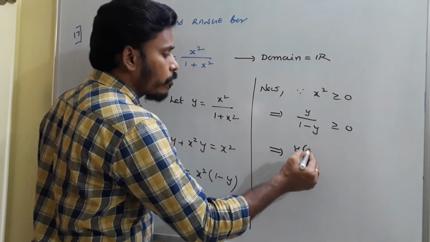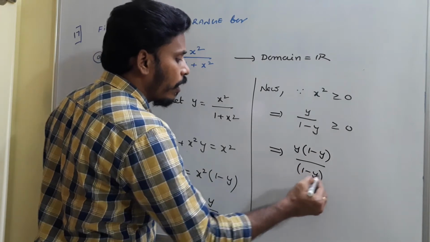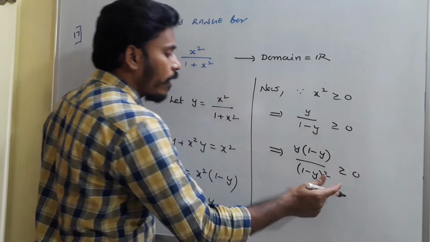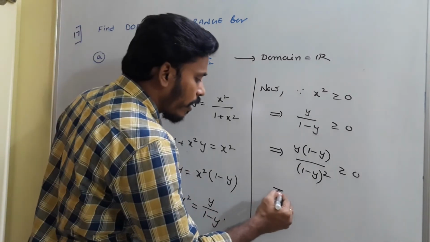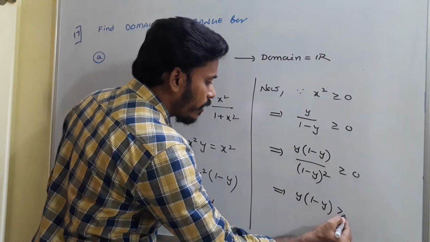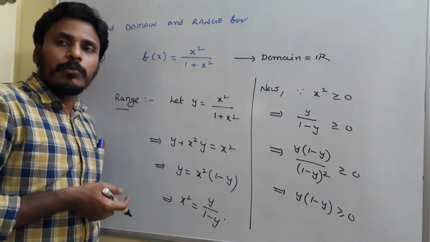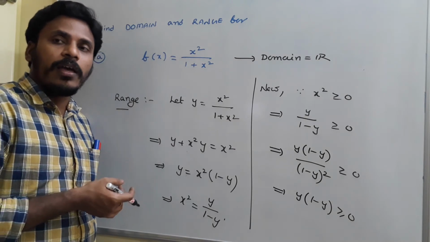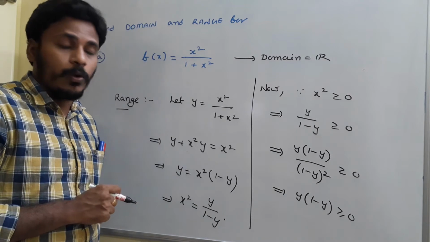So with the usual procedure, you just multiply both numerator and denominator with 1 minus y. Now for sure, since the denominator is positive, you just send it that side. Now you are left with y into 1 minus y is greater than or equals to 0. Usually we are very comfortable in writing x minus alpha into x minus beta greater than or equals to 0.